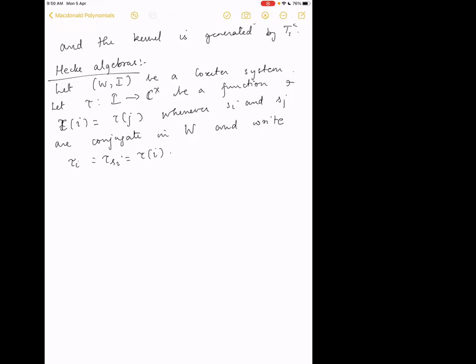The Hecke algebra H_tau(W, I) depends on this one parameter family that we have picked.